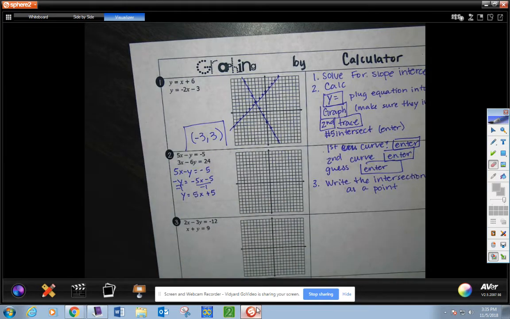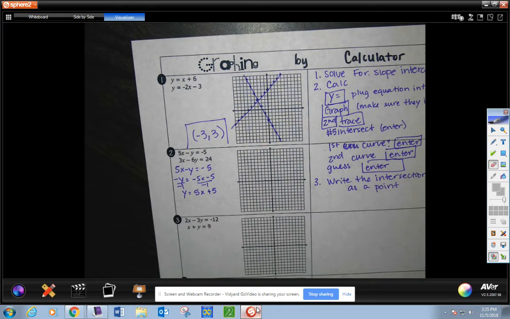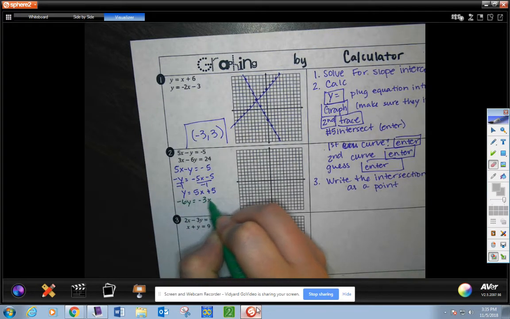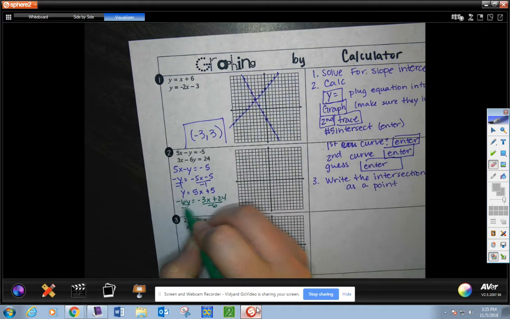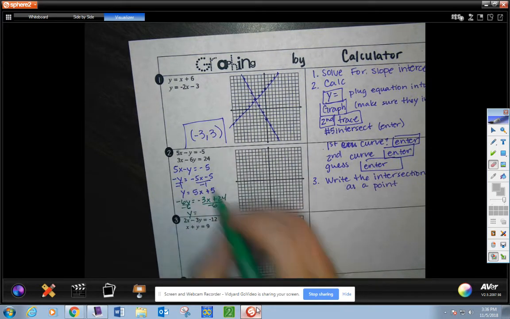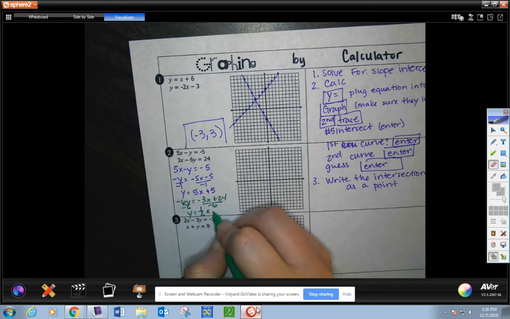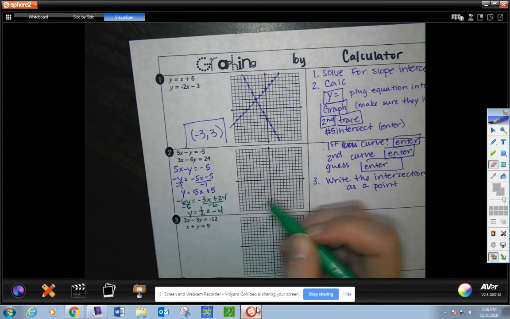Okay, for your second equation, I'm going to move the x by changing the sign, so I get negative 6y equals negative 3x plus 24. And then I'm going to divide by negative 6, which gives me y equals 1/2 x minus 4.